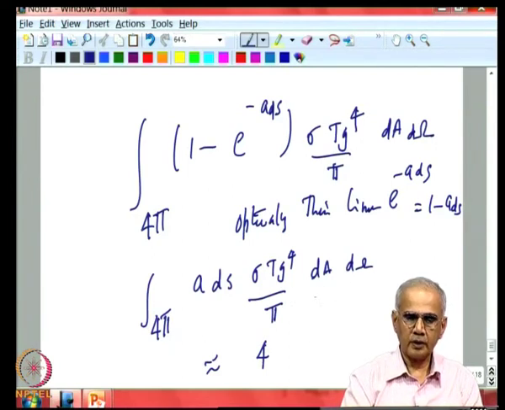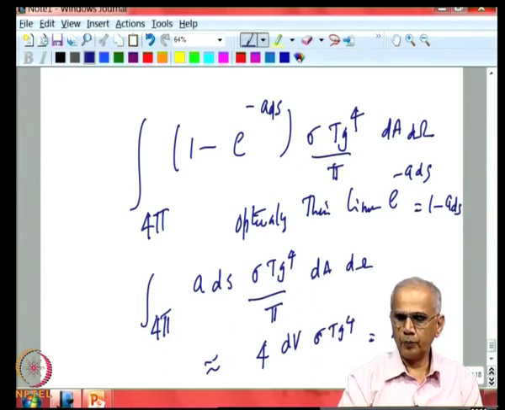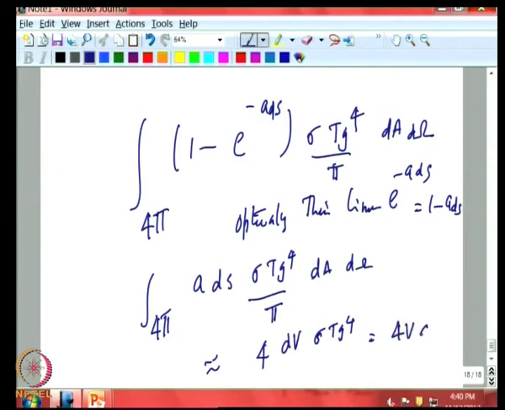So, 4 will cancel out, dA ds is taken as dV, and integrate all volume will give you 4 V A sigma T to the power of 4. We will continue this derivation in the next lecture.